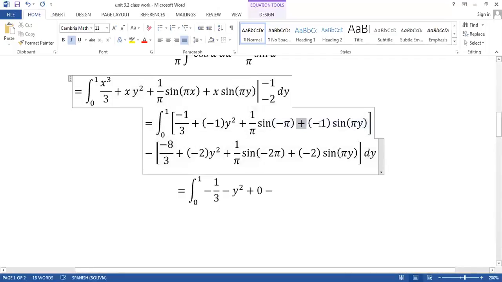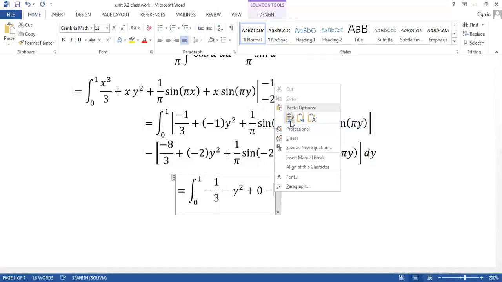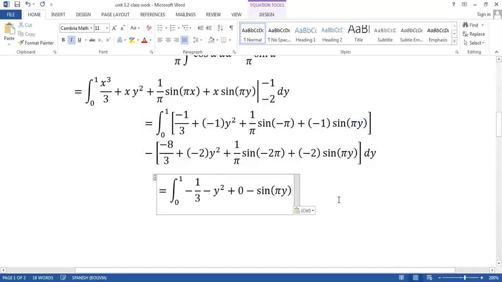Yes, sir. This negative turn, and then that is just sine pi y. What I should have put in parentheses, and it's not going to go, so I'm not going to even bother.